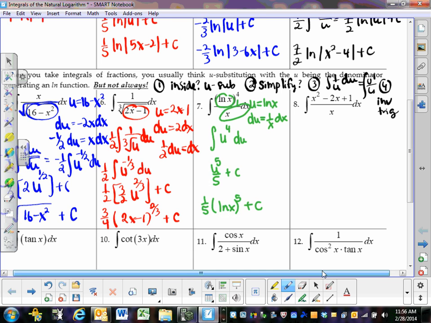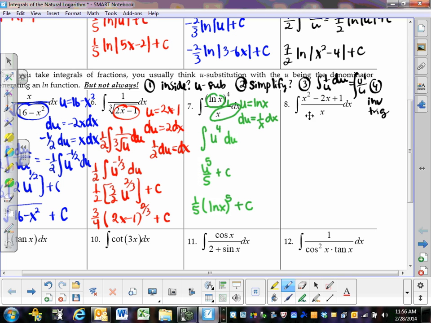What's left is the x dx, but it's x on bottom. So the derivative of u is 1 over x dx, which is exactly what I have. So I'm going to substitute in, use the power rule by adding and dividing, plus c. So this will be written as 1/5, the natural log of x all to the 5th, plus c.